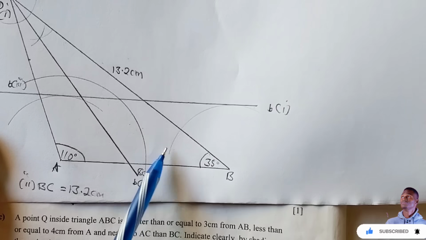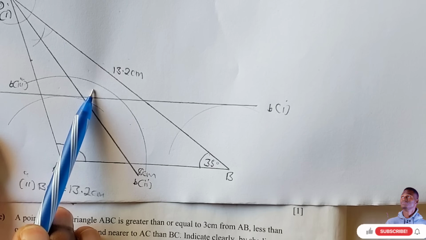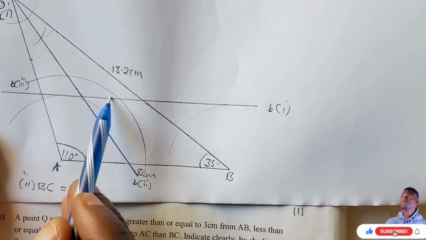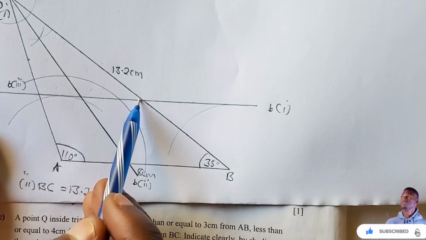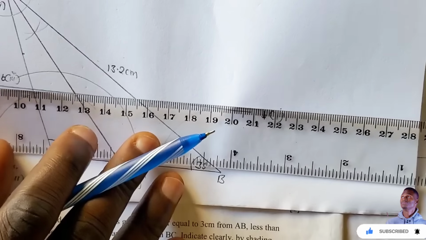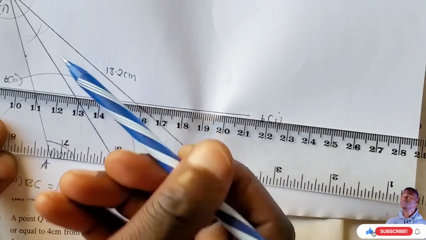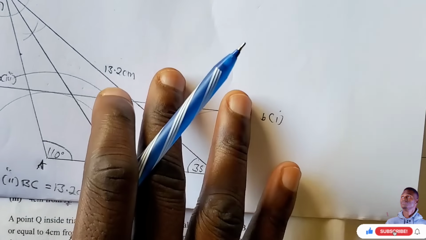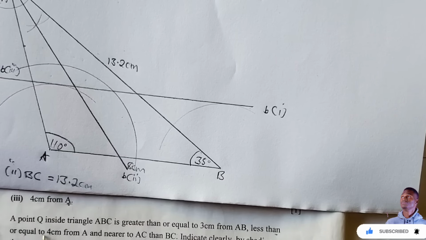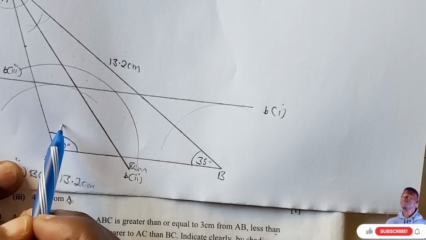So it can be either this side or this side. What you know so far is that it is above. So this side is the unwanted region. In other words, we want here. The next condition is saying it is less than or equal to 4 centimeters from A. This line is 4 centimeters from A, and they're saying less than.